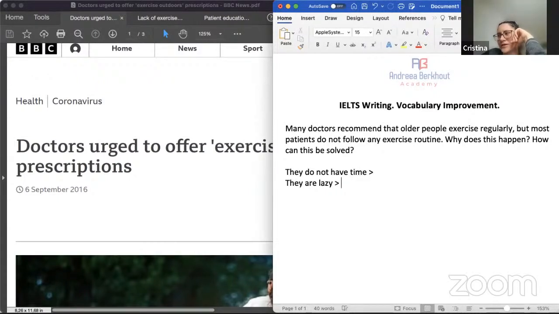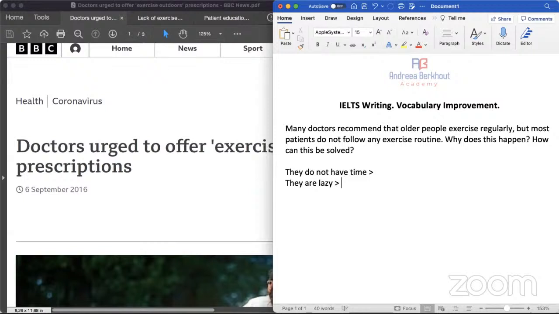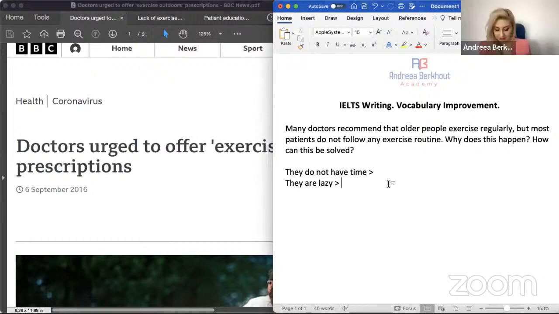Some of them are saying that they just want to rest when they get to an old age. Okay. They're lazy. Or we can say they are involved in other activities. For the first one, they prioritize other activities.